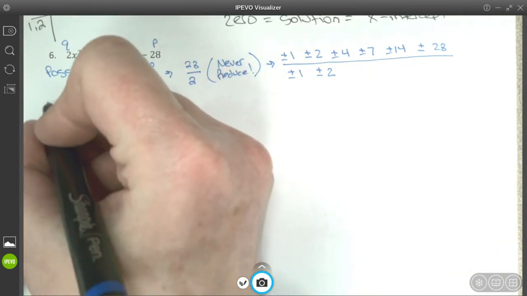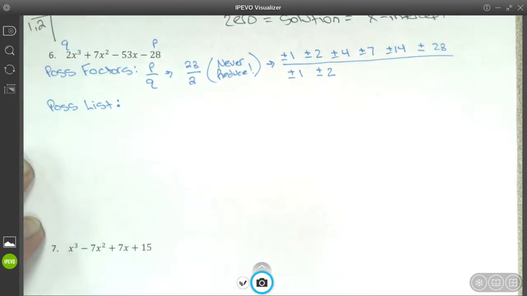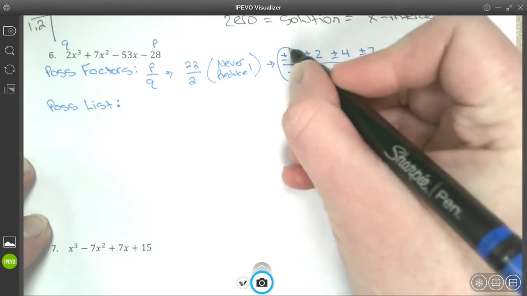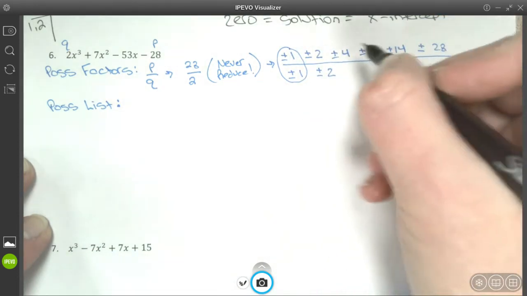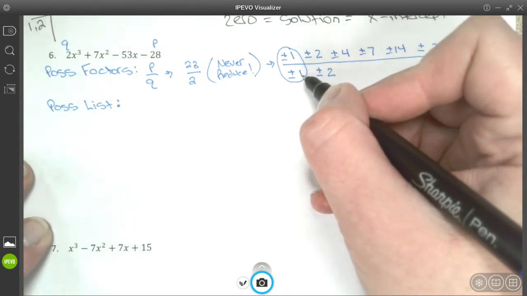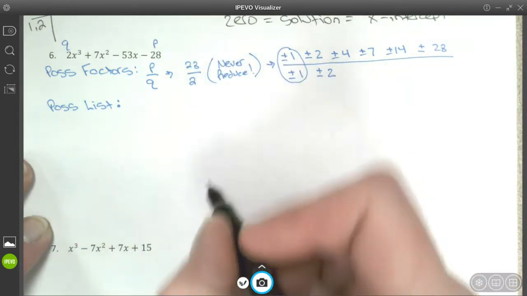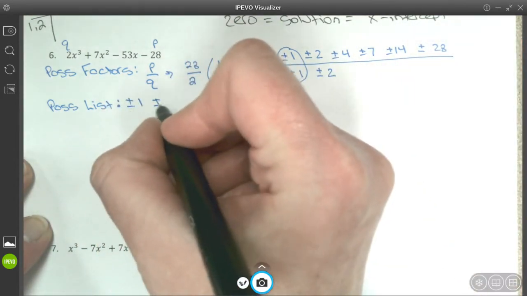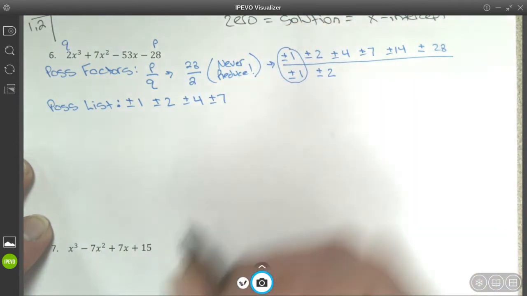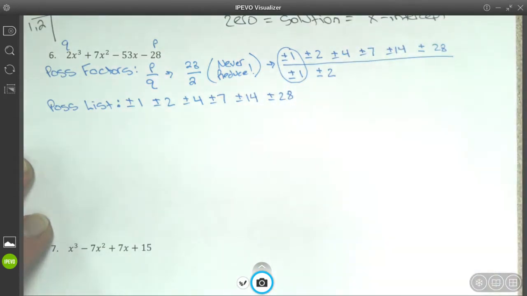All right, so now I'm going to have to simplify. So you're going to pair every single term in the numerator with every single term in the denominator. So when you're pairing it with the 1 in the denominator, that's easy. It's just going to be this whole top string. So plus or minus 1, 2, 4, 7, 14, and 28.